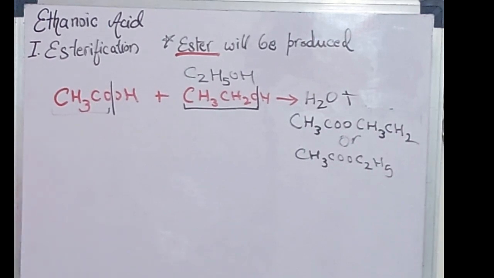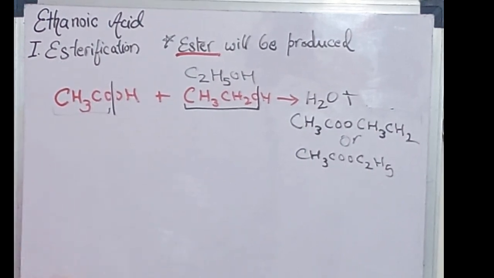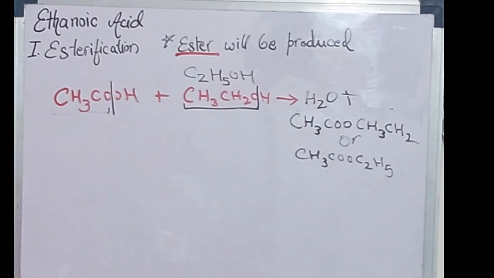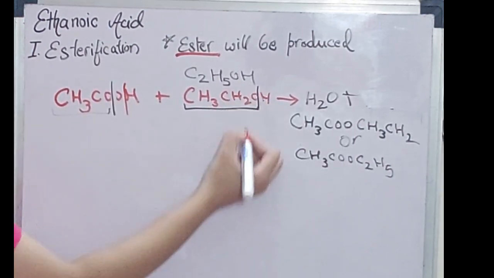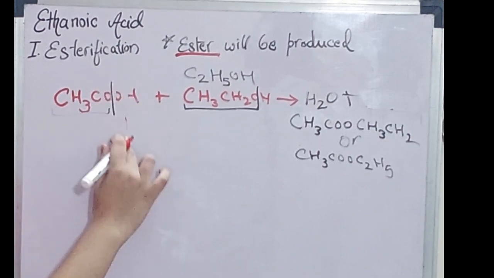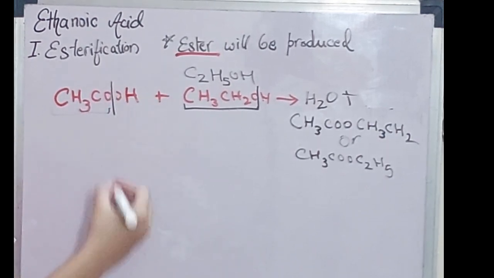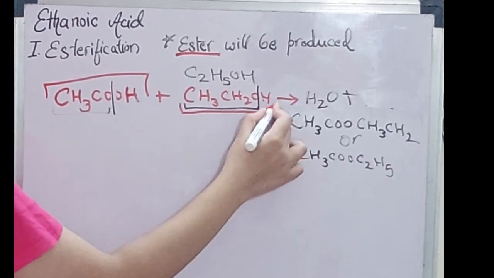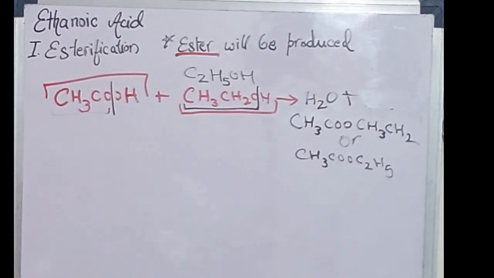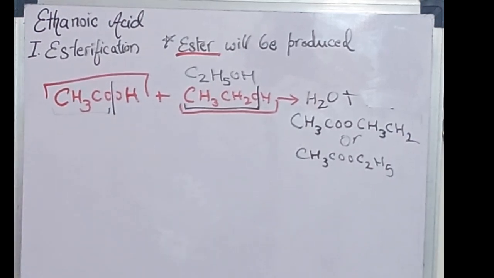Now, how I remembered it was, in case you don't remember it otherwise, I thought that from this H is removed and from this OH is removed. I remembered it that way. But it will be nicer if you write it down like this only. Ethanoic acid plus alcohol will give you water.